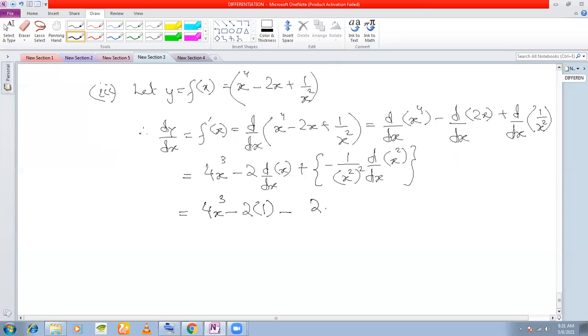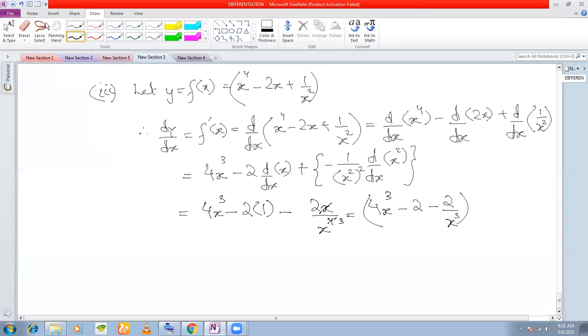So you have a 2x in the numerator, then you have x to the power of 4 in the denominator. So ultimately you get 4x cube minus 2, minus 2 by x cube, this x here will cancel once. And that is your answer.